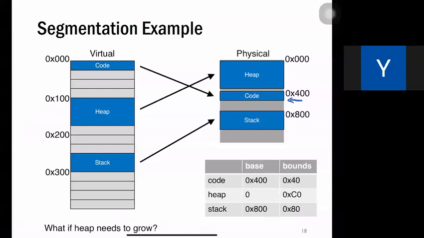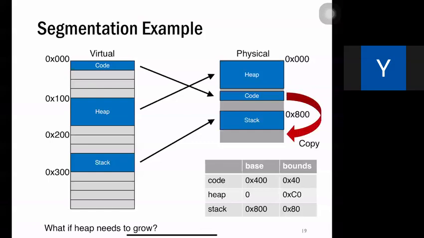What if the heap segment wants to dynamically enlarge its capacity? How do you perform this operation? Okay, in this case, you either need to migrate the heap segment somewhere else where you have a large enough memory capacity to accommodate this growing demand, or you migrate away the memory segment that is right below it.